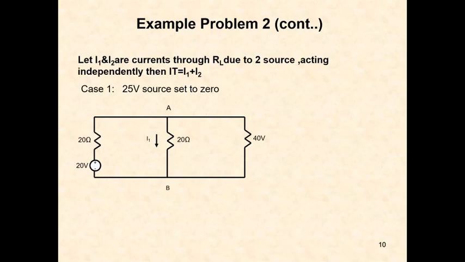For calculating this current, 20 ohms and 40 ohms are in parallel, and this combination is in series with 20 ohms. So RT is equal to 20 into 40 divided by 20 plus 40, plus 20 ohms. The total is 33.33 ohms.